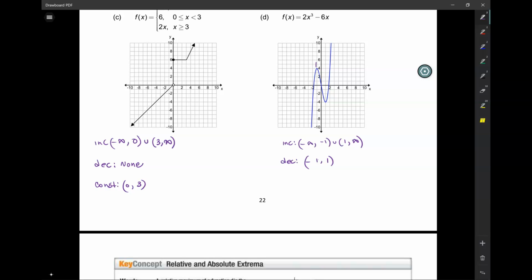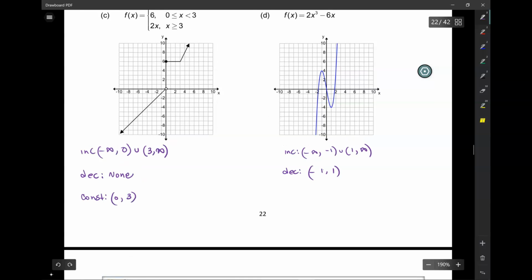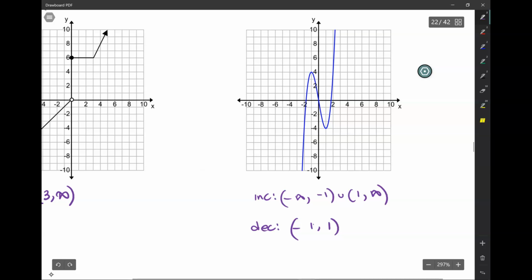Now, this leads us to what we call maximum or minimum. All right, so let's stay on this example here, D. Look at this. It's increasing until there.